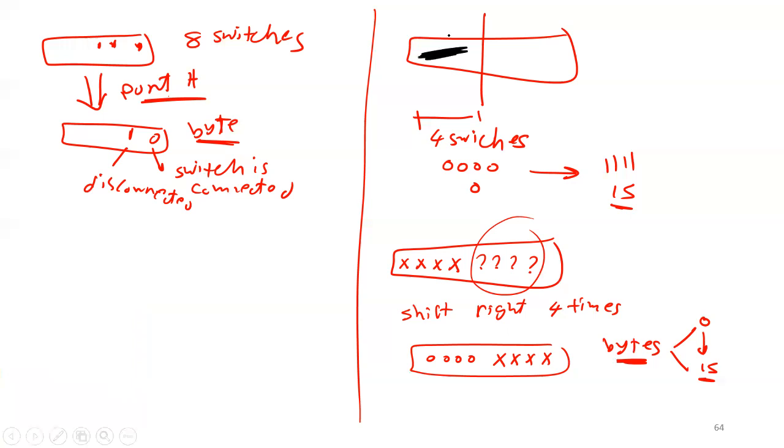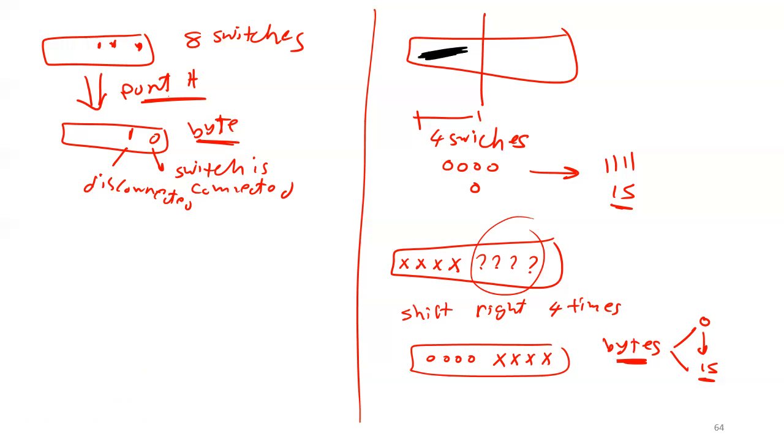The user should enter the number in binary. So the user should use the last 4 switches here. Every switch is going to be 1 bit. You get what I'm saying? So that means I can get 0, 0, 0, 0 if you connect the switches, up to 1, 1, 1, 1, because I'm going to use 4 switches. Every switch is going to give you 1 bit.